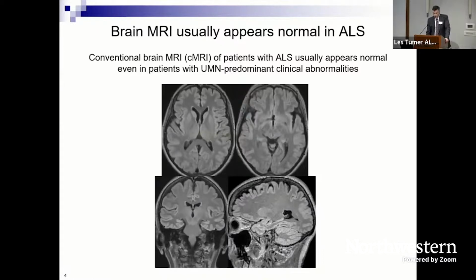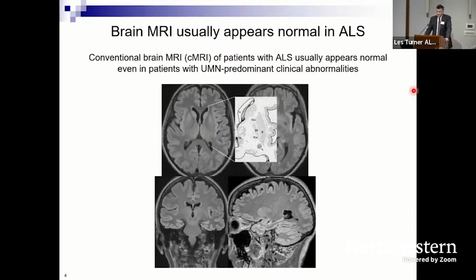We see horizontal views up at the top, coronal in the left lower, and sagittal in the right lower, showing levels where you'd see the main descending upper motor neuron pathway, called the corticospinal tract, or CST for short. As shown in the diagram adjacent to the horizontal view, the CST is found in a circumscribed area in the posterior limb of the internal capsule.